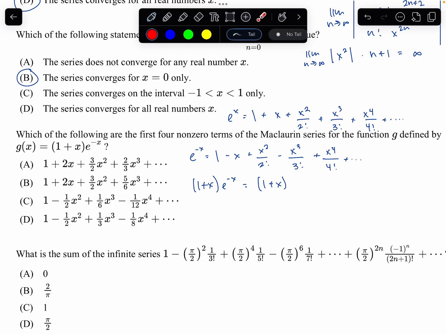So here I have 1 plus x, and now I'm going to multiply it by e to the negative x, which I started writing out right here. So multiply by 1 minus x plus x squared over 2 factorial plus x to the third over 3 factorial plus x to the fourth over 4 factorial, and so on and so forth.